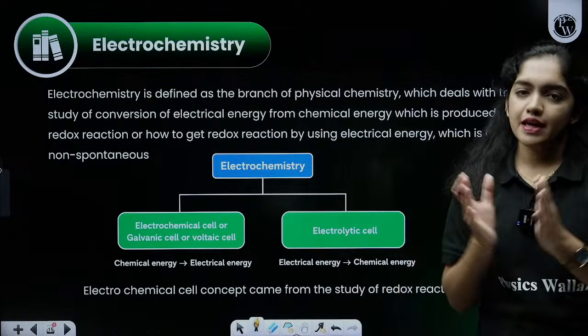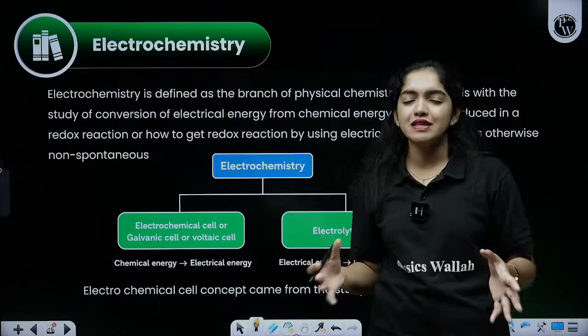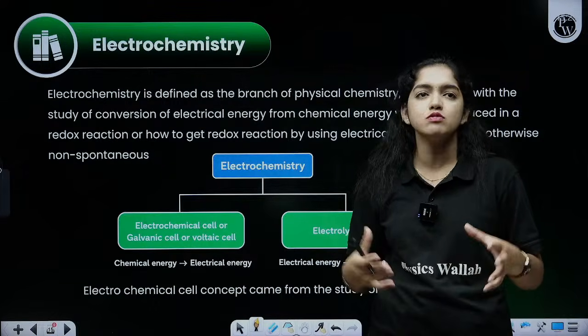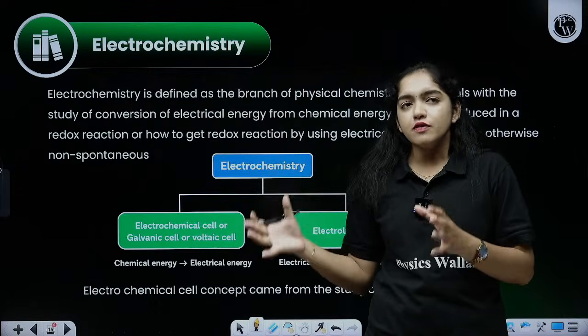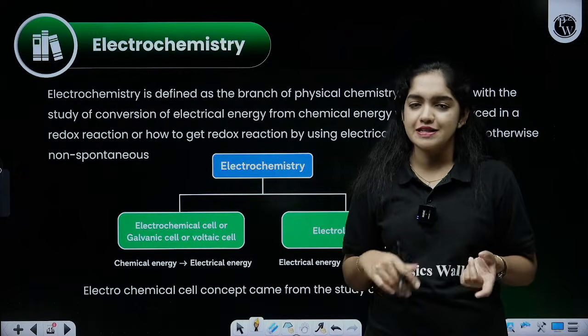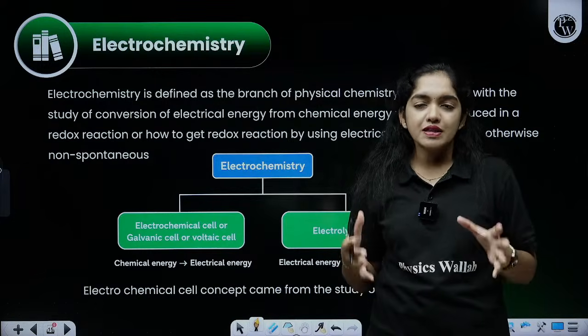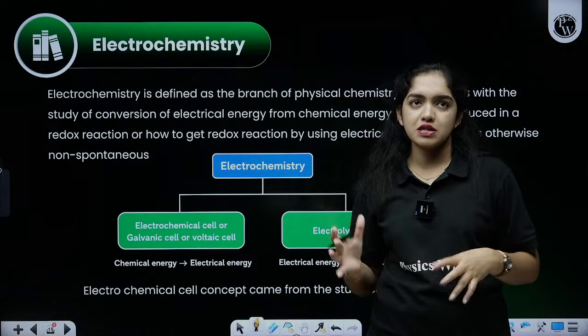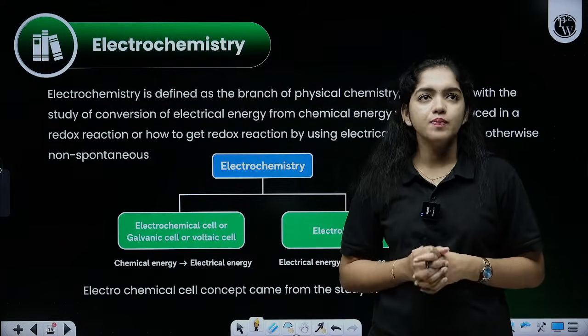That means in this chapter we will be studying the conversion of electrical energy to chemical energy and chemical energy to electrical energy, that is vice versa, by means of redox reaction, oxidation and reduction. Is that clear? Got it?